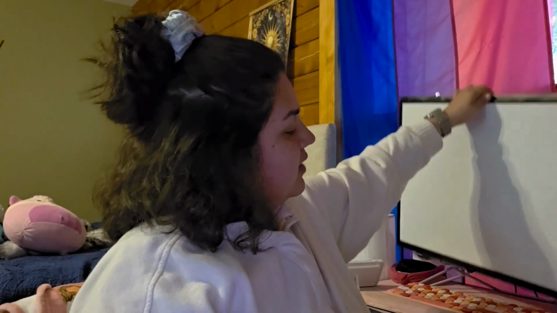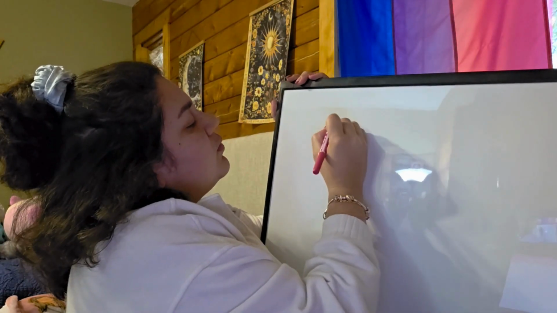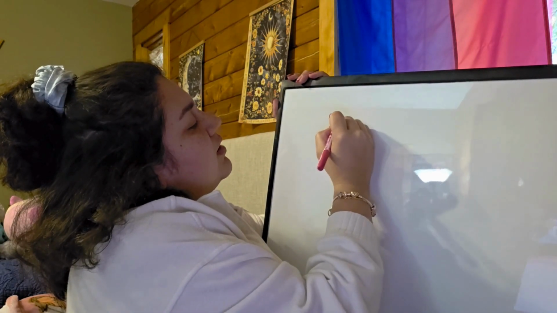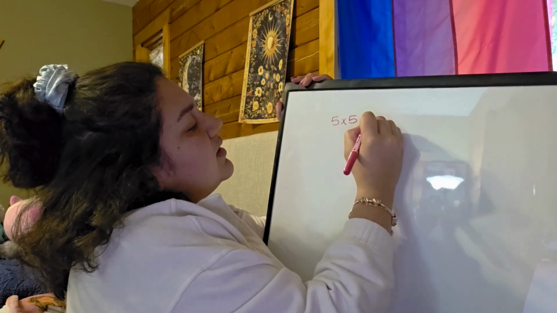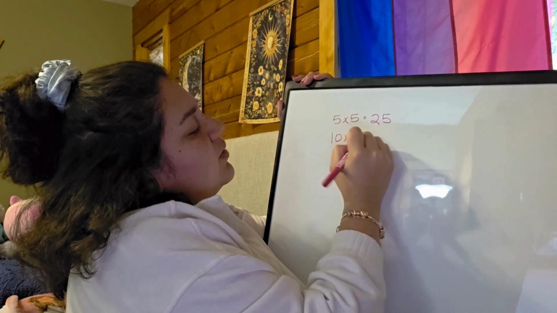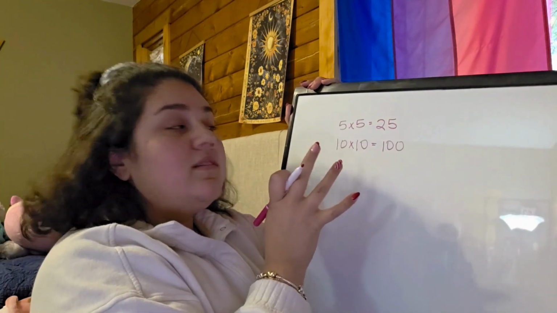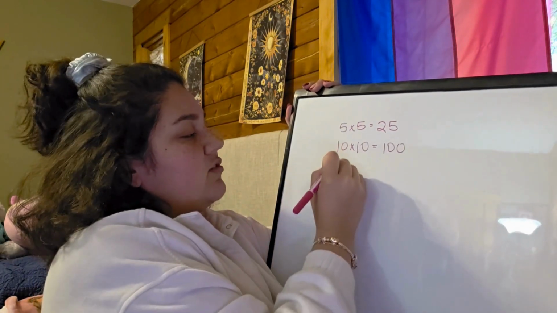So over here really quick, I'm going to show you some examples of what perfect square problems look like. If we're looking at some smaller ones like this, 5 times 5 is going to be 25. And these perfect squares can get easy to memorize.